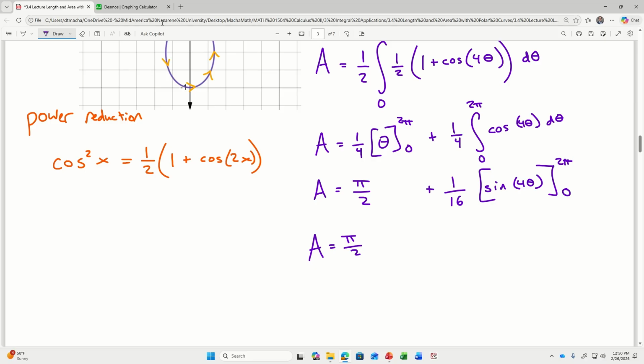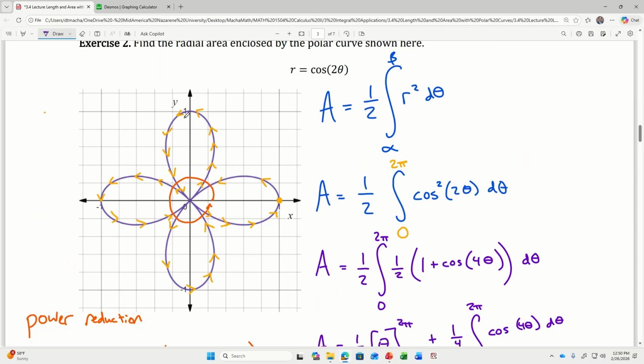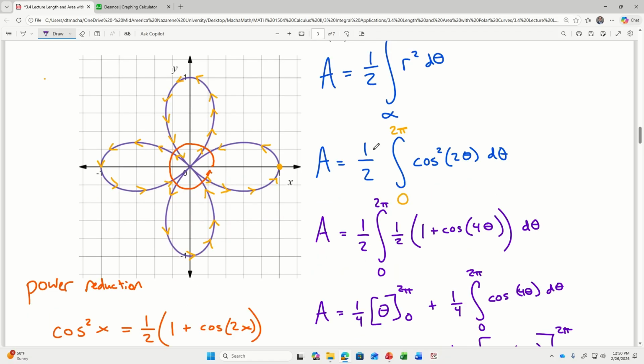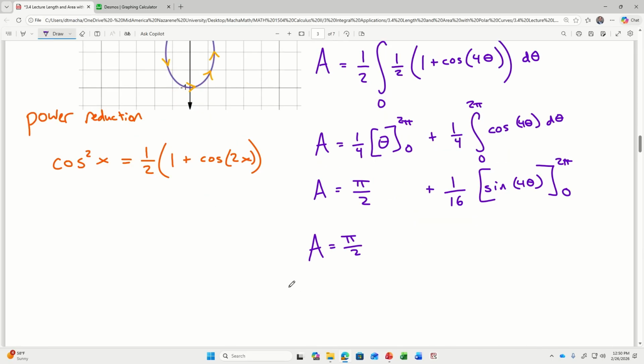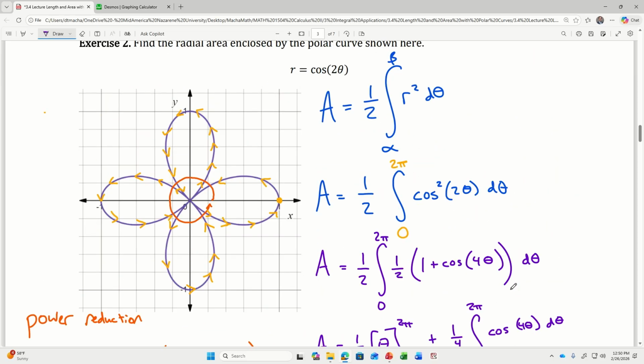I always feel like I have to check my answer. Like, what's the integral of 0 to 2 pi cosine squared of 2x? That's pi, and then you divide by 2. Yeah, okay, I guess we got it right. It's pi divided by 2. Nice. Questions?